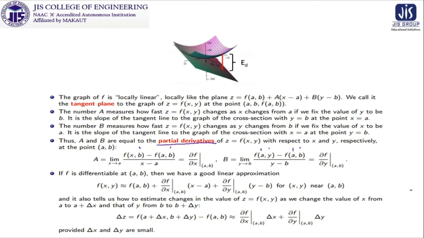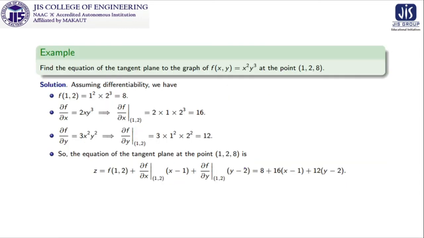Now if f is differentiable at (a,b), then we have a good linear approximation, stated in this form. But this is another approach, not the only approach. So whatever process you feel comfortable with, please go through it.